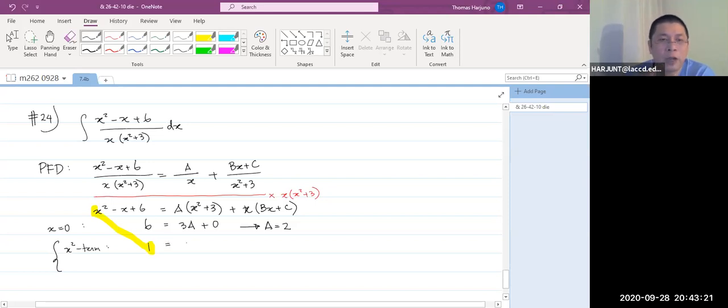The coefficient of x squared will be a plus b, right? Okay, but from there, you see a equals 2, so b must be negative 1.